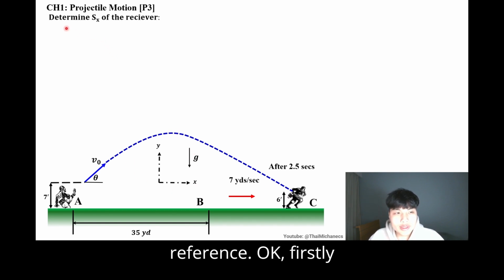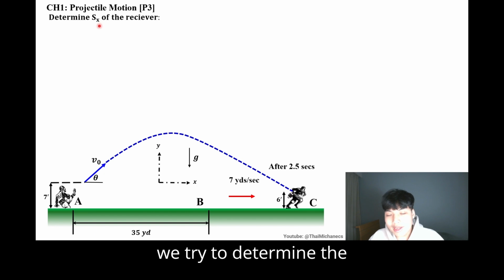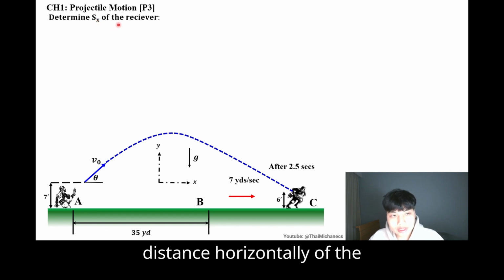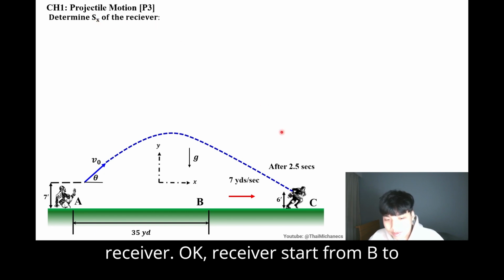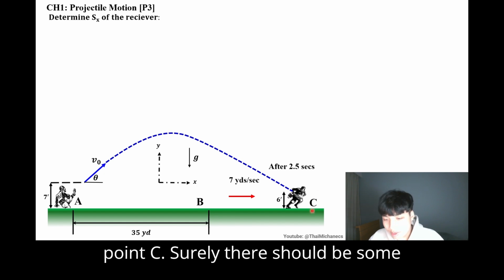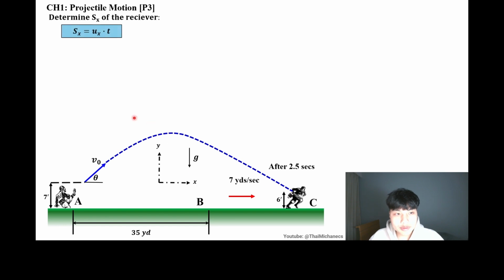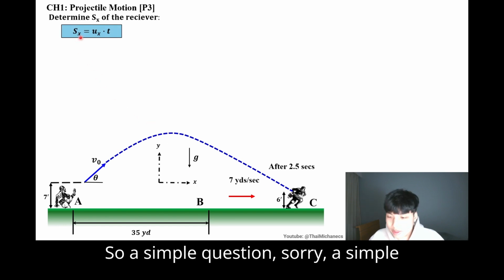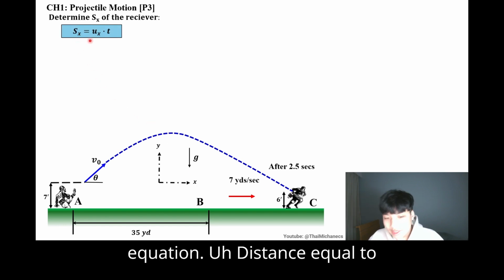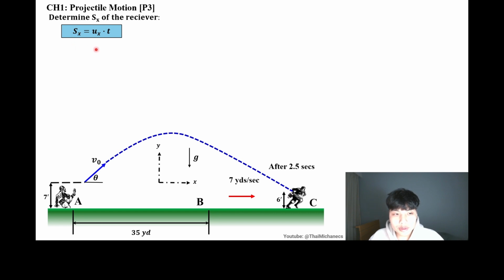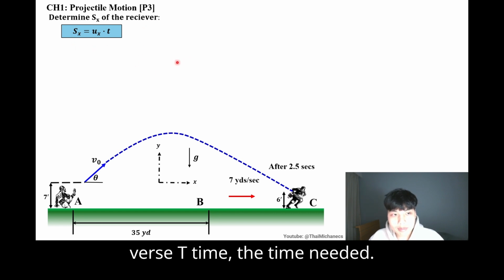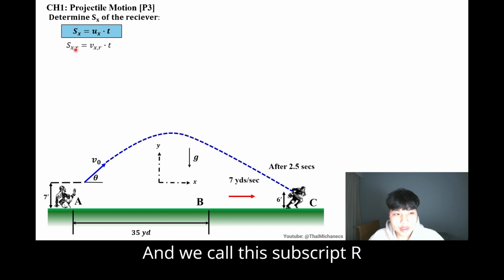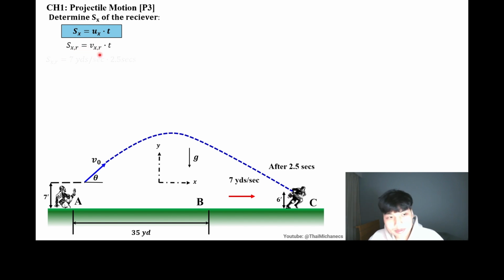Firstly, we try to determine the horizontal distance of the receiver. The receiver starts from B to point C, so there should be some distance in between. A simple equation: distance equals velocity times the time needed, and we call this subscript R, short for receiver.